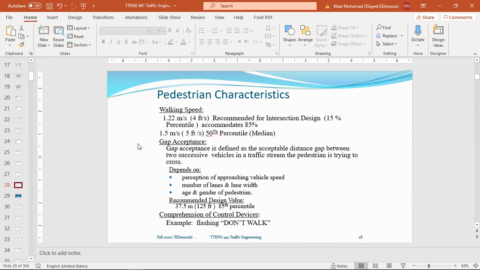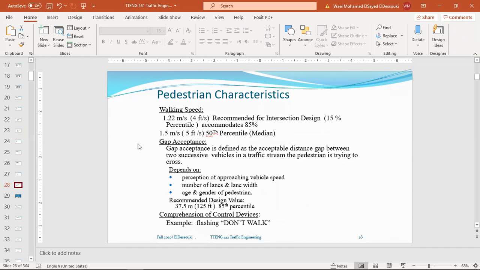Then the second component for road users: we discussed the characteristics of pedestrians. For pedestrians, we are interested in the walking speed so we can set up the minimum pedestrian phase time. Studies show a recommended 4 feet per second for intersection design.